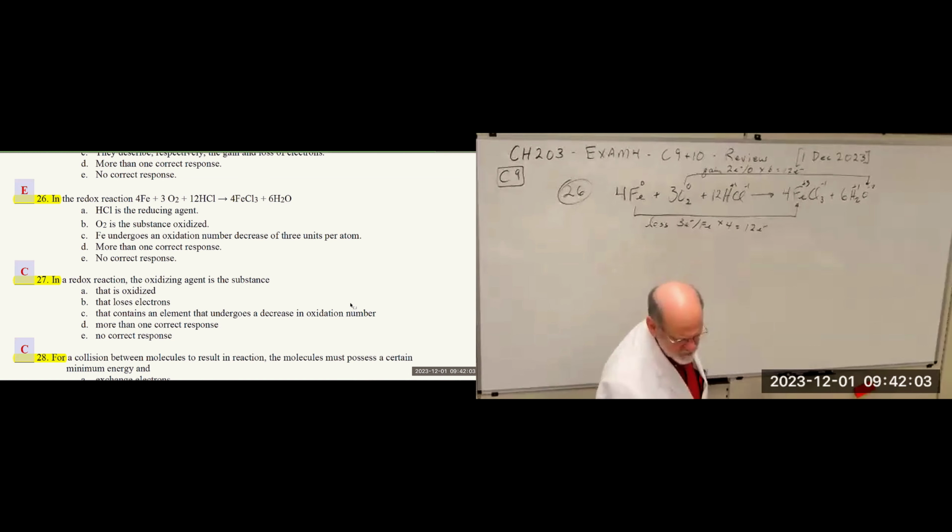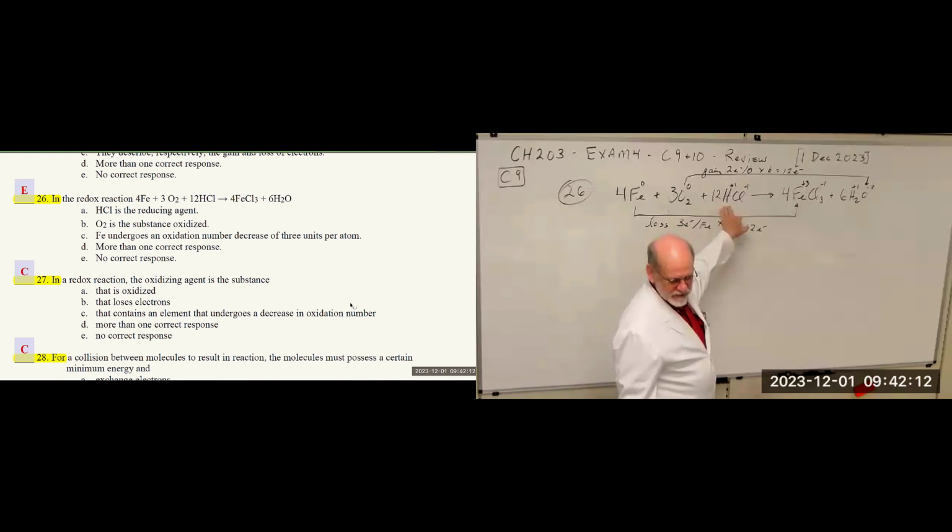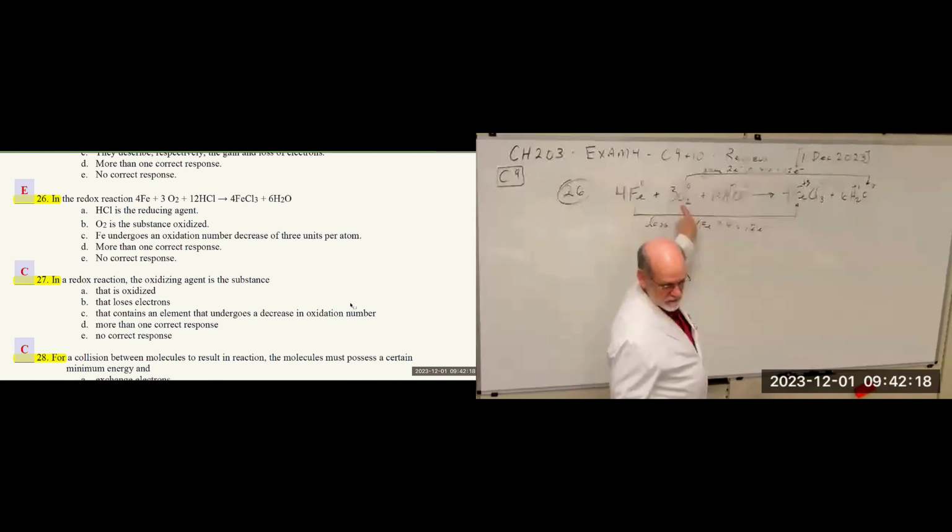Now, the question is, HCl is a reducing agent. Is HCl oxidized? No, nothing happens to HCl. Oxygen is the substance oxidized. No, oxygen's reduced. Right, it gains.